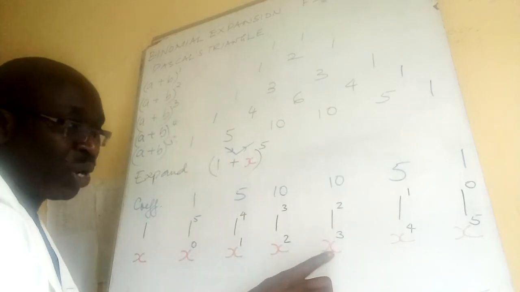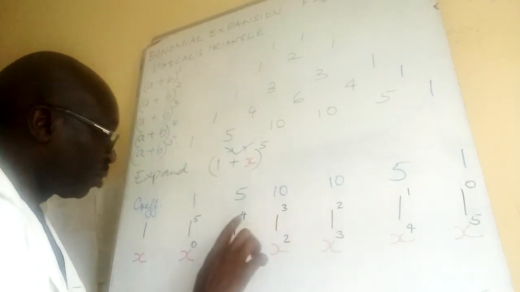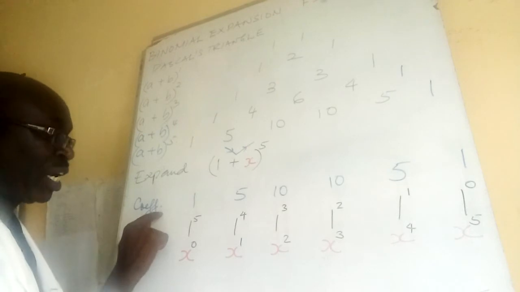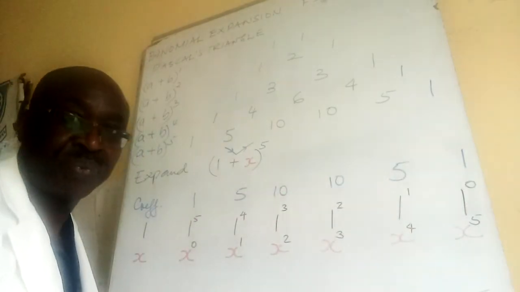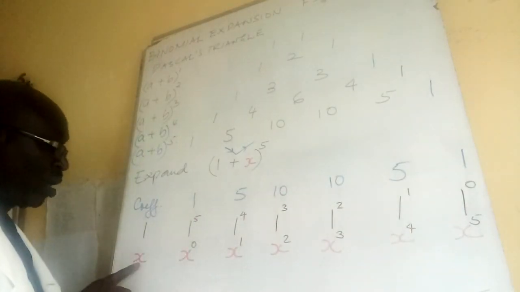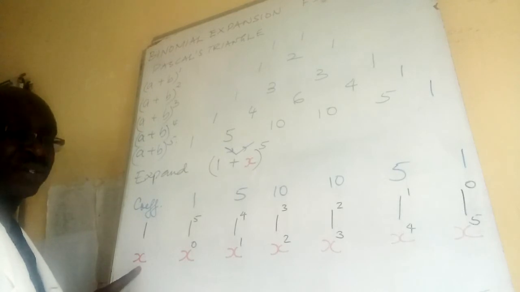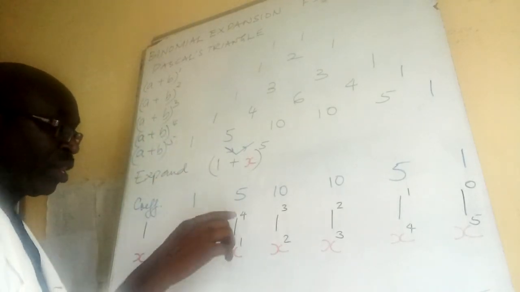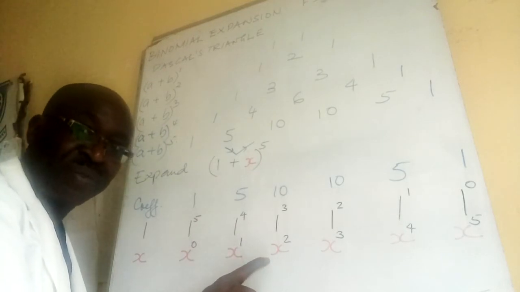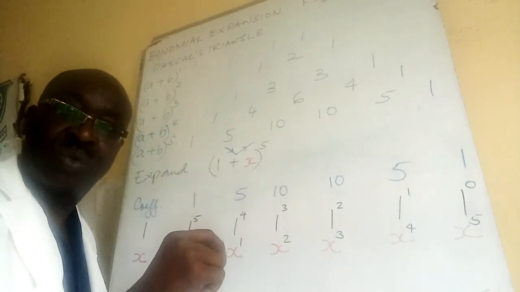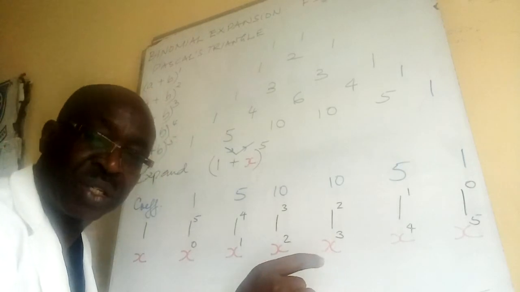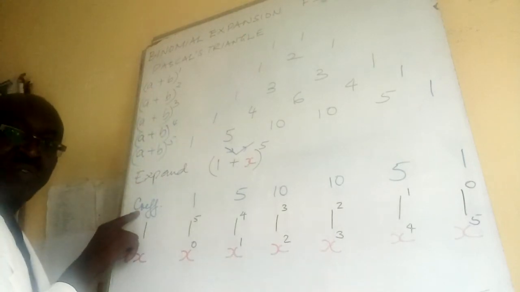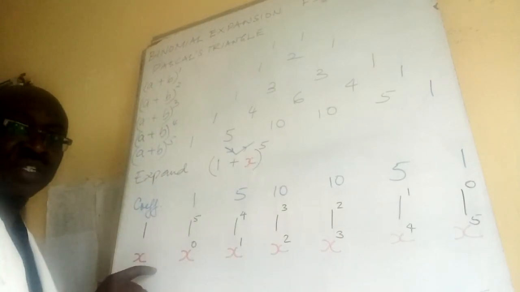I said up to x to power 3. When you start with the coefficient, one would have started with x up to x to power 3. Up to 4 terms. You can start with coefficient, first term, second term.